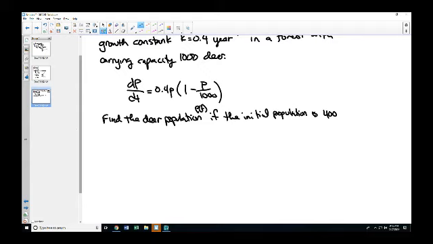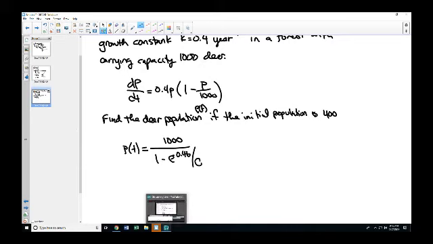So again, that's P of T equals, A over okay, so 1,000 over 1 minus 1 minus E to the negative 0.4 T. Over a constant, right?